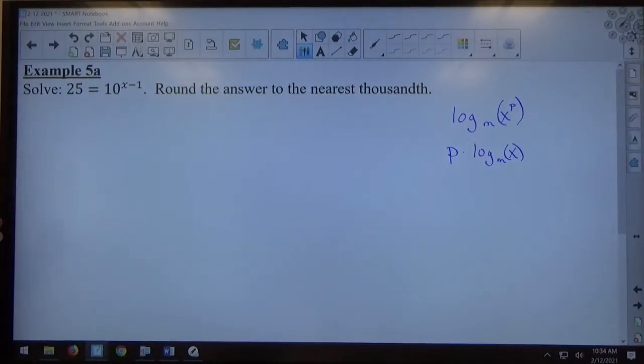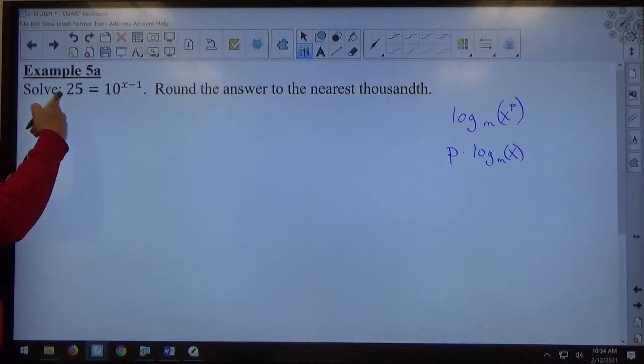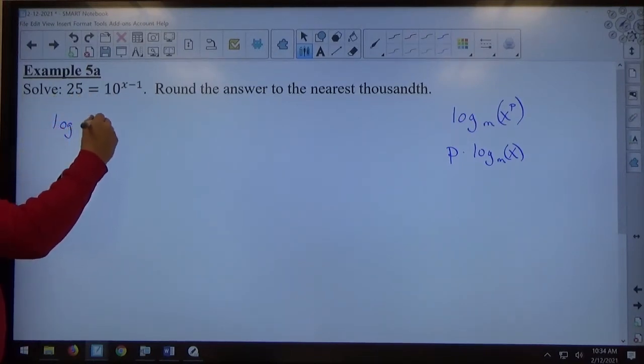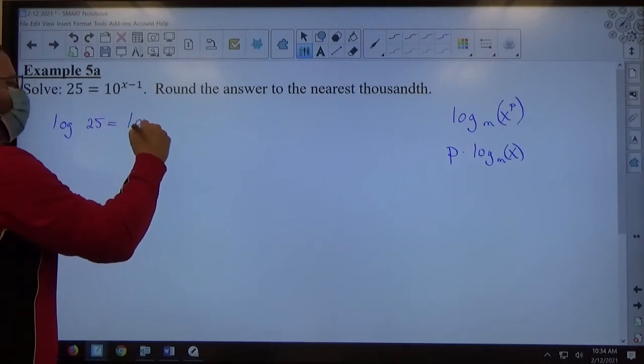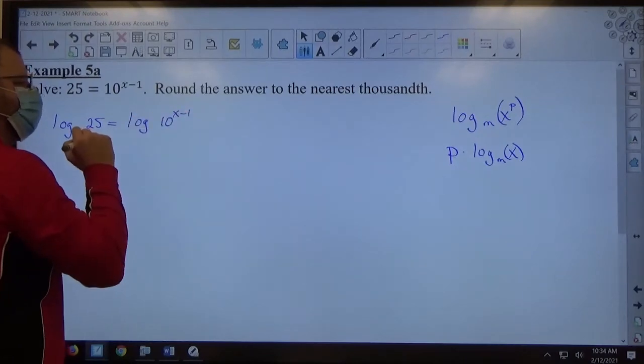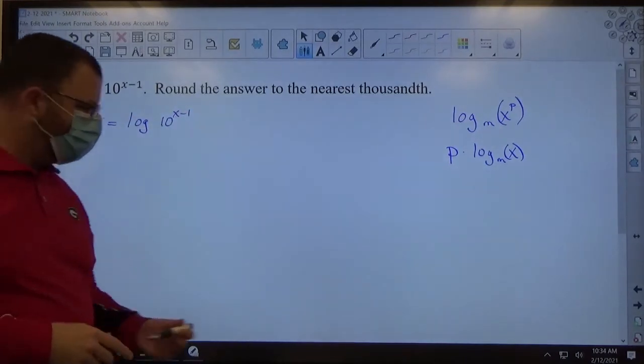So what I'm going to do here is log both sides, like so.